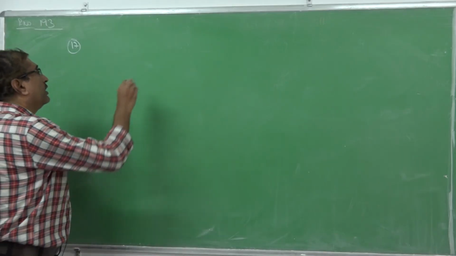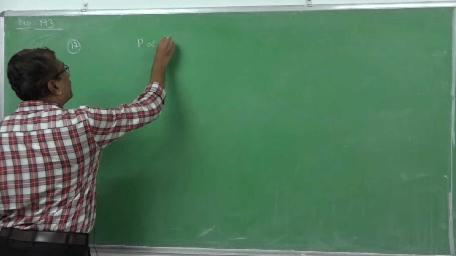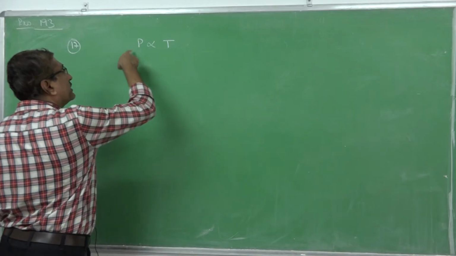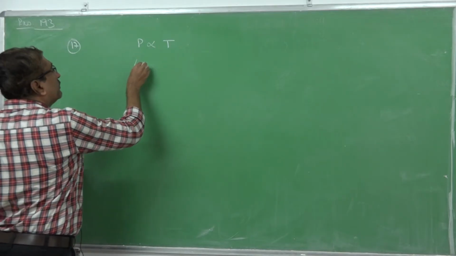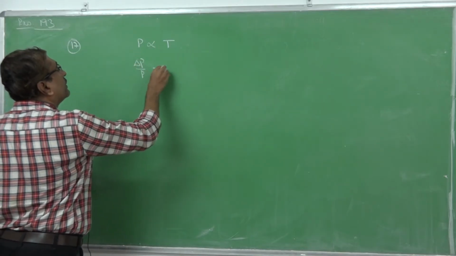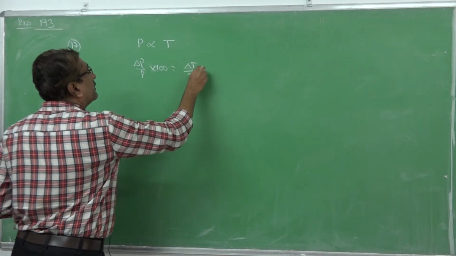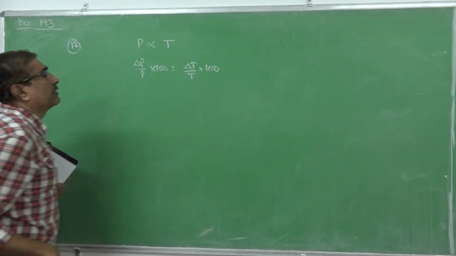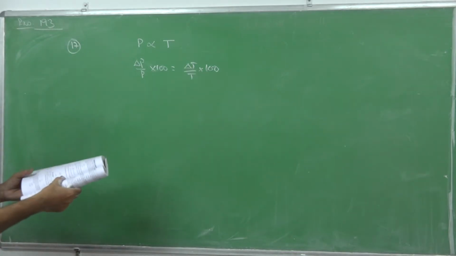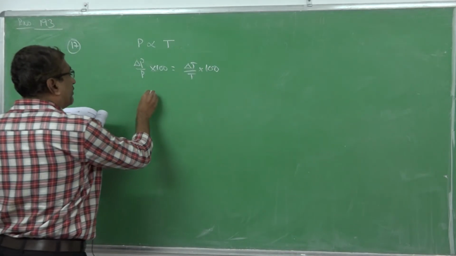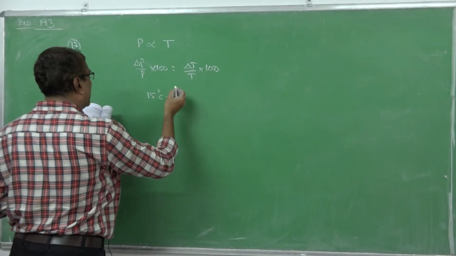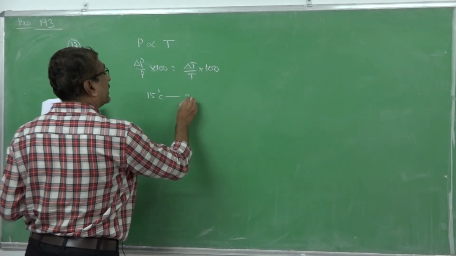So volume constant means P is proportional to T. That means increase in temperature increases pressure. That means we can write dP by P, the percentage change, is equal to dT by T into 100. Now in this problem it is given that temperature changes from 15 degrees centigrade to 35 degrees centigrade.